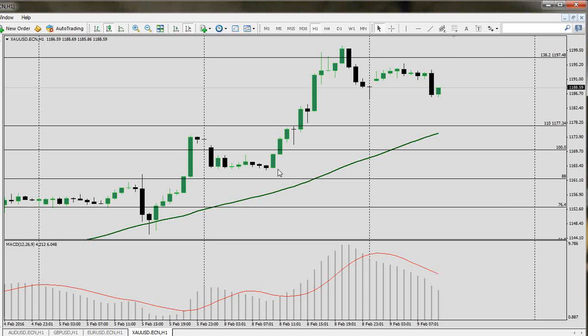If you look at it, the main reason behind it is uncertainty. While the Fed was commenting that they would be hiking their interest rates, now there is a fear in the market that the Fed will not be hiking their interest rate. So that's the main reason.